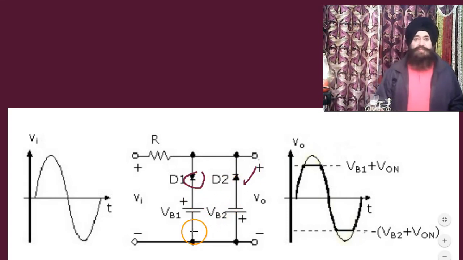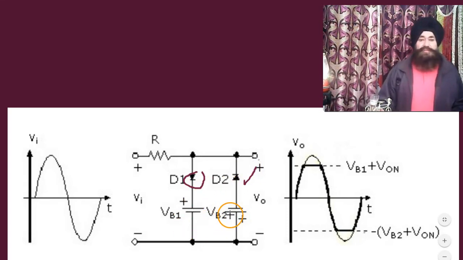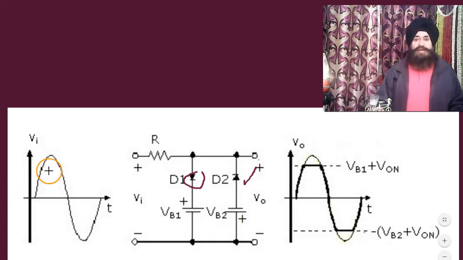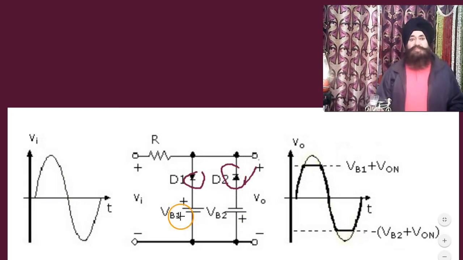So both diodes are reverse biased with VB1 and VB2. So when the signal comes and the signal strength is low positive, there will be no effect on this diode, because the positive going signal is coming. This diode is already reverse biased, so it again favors the reverse biasing for this diode D2.